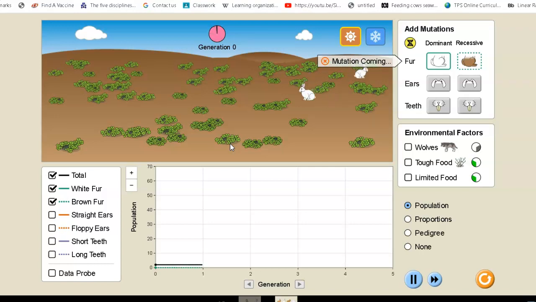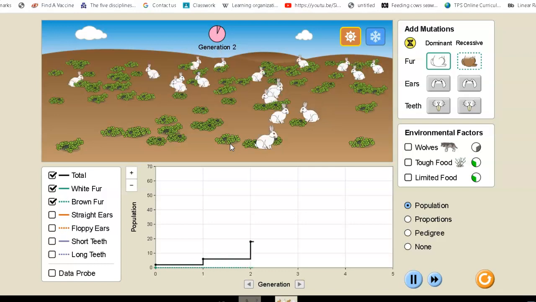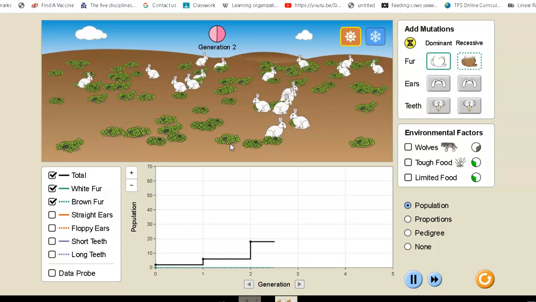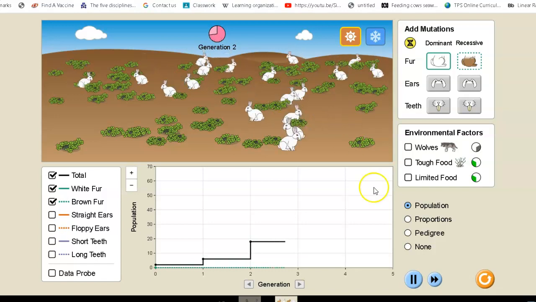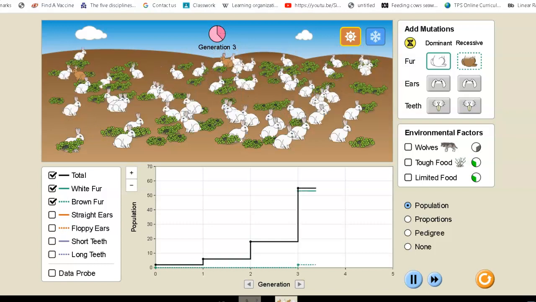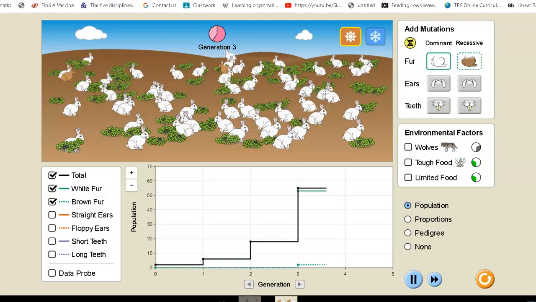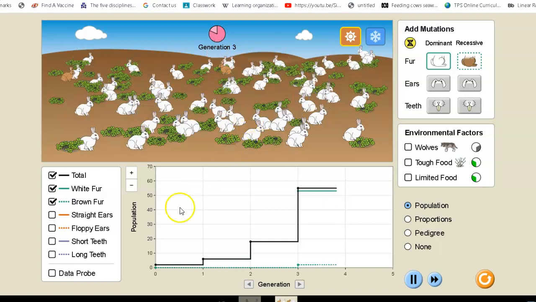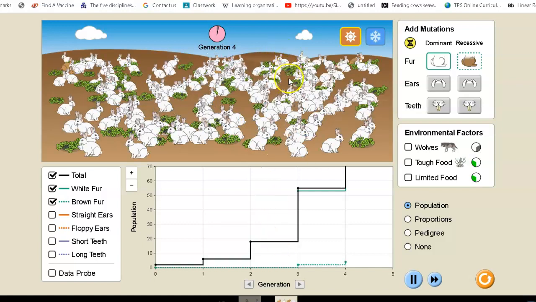I'm not putting any regulations like wolves or limited food in there. We're just looking at the population growth. So two bunnies made, I think, six, seven bunnies, and then those made, oh, what, 15? I'm just guessing. Oh, it jumped really and went over to 60. That's the third population.